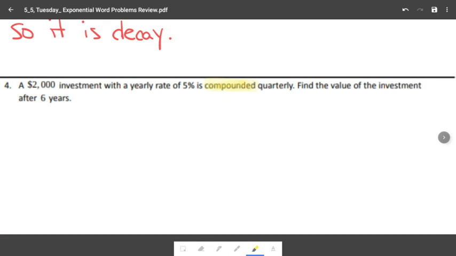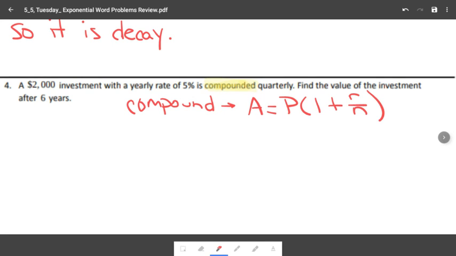It is. So that means that this is our second formula from that table I gave you guys. Compound without the word continuously is A equals P times 1 plus R divided by N to the N times T power.